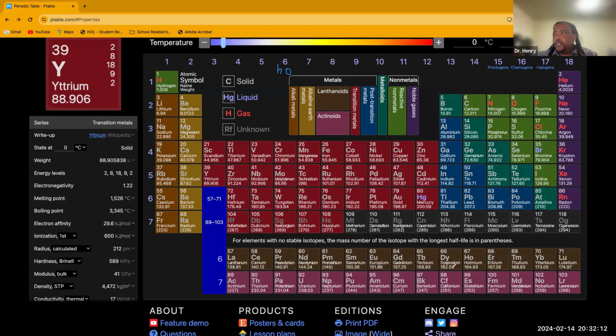That could be making reference to holmium. It could be hydrogen and oxygen, right? So we always want to make sure that we're using the appropriate symbol, the way it's written on the periodic table.